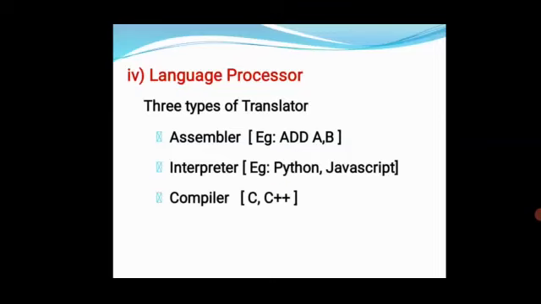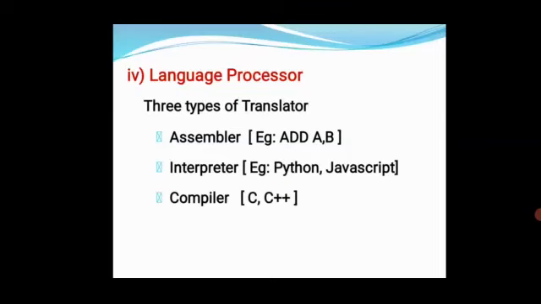Some languages use the assembler translator to convert into machine language. Assembly level languages are also considered low level languages.